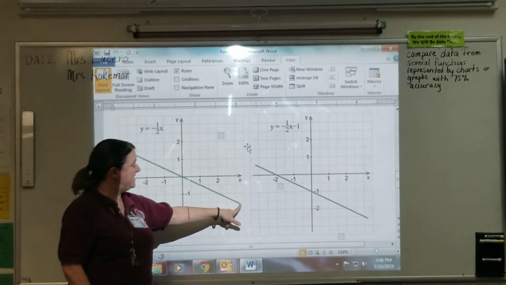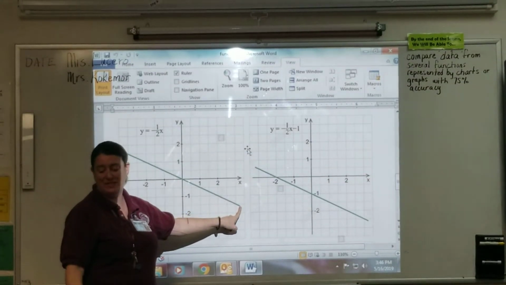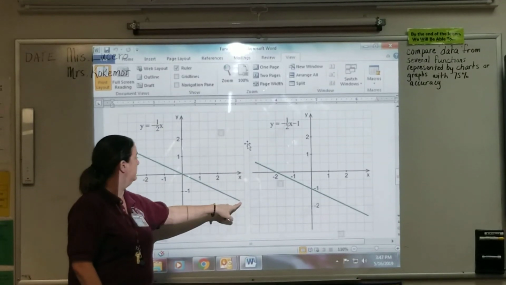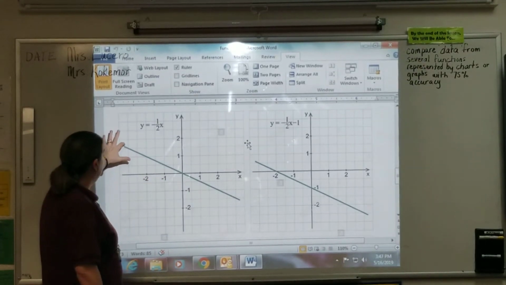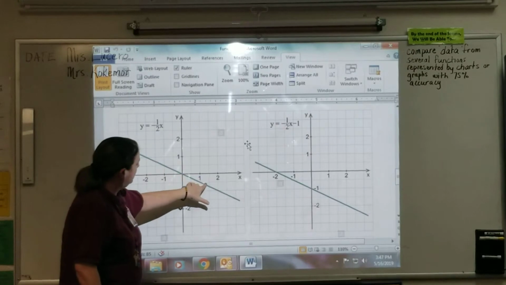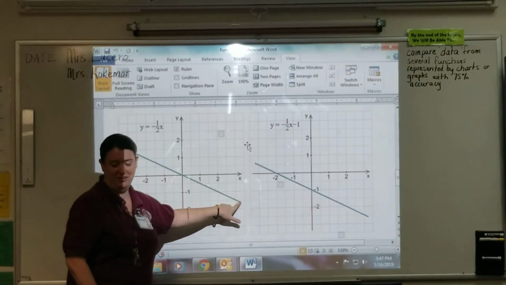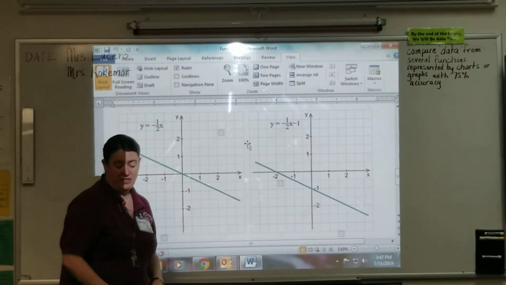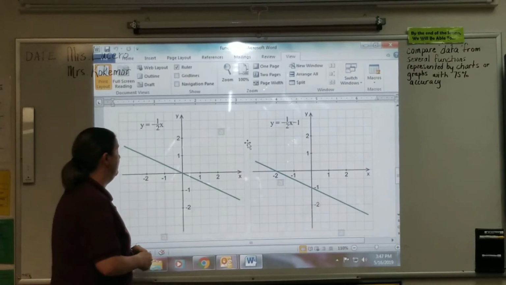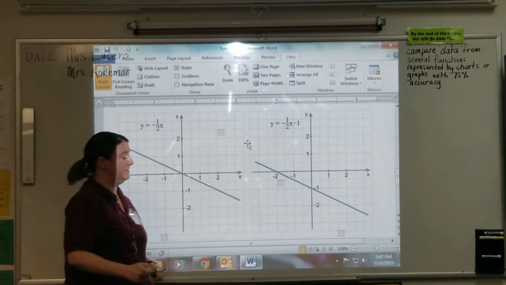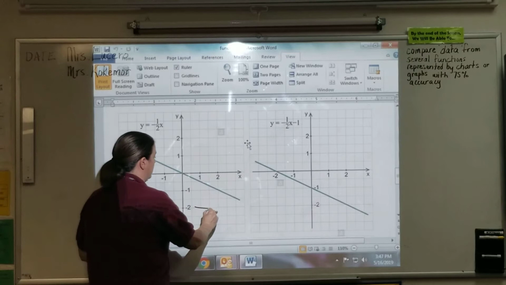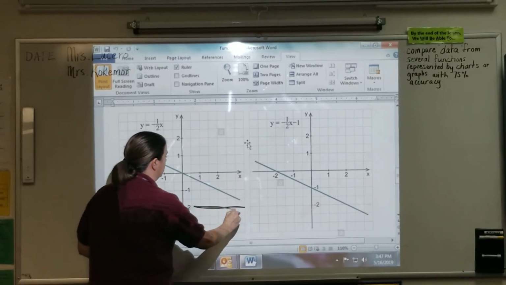So if I move down, my slope is negative. Kind of like if you're going down a hill. Going down a mountain, you end up down here, your slope is negative. And then there's no slope. You have neither a positive nor a negative slope if you have something that looks like this. Okay, straight line.